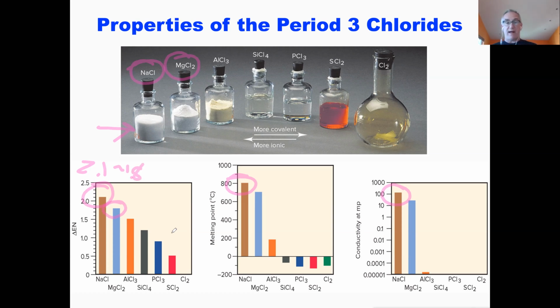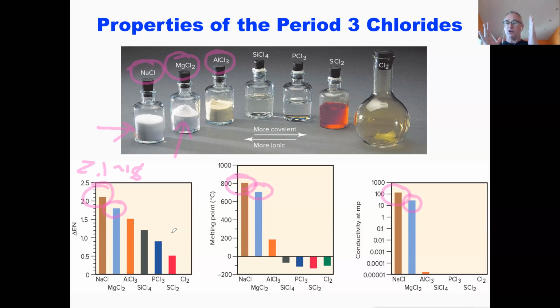Still an ionic compound. You've got crystals like with sodium chloride, and it melts at a relatively high temperature. And when you melt it, it conducts electricity. Okay, ionic compound. Watch though when you get to aluminum chloride.